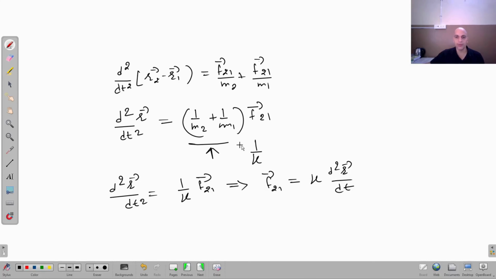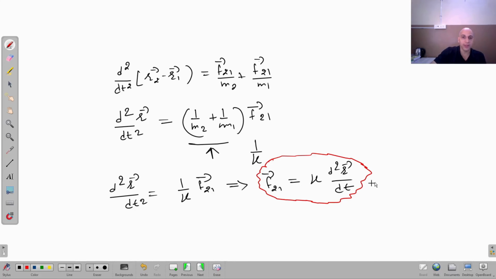Here mu is called the reduced mass of the system. So now you can see from this equation that instead of having two equations of motion, I have only a single equation of motion, and it is basically the equation of motion of the reduced mass. So we can say the two body problem is reduced into a one body problem, and we call it the reduction of the two body problem into one body.